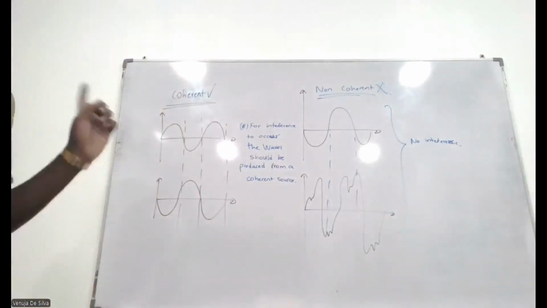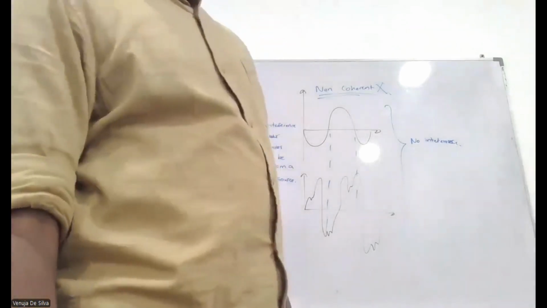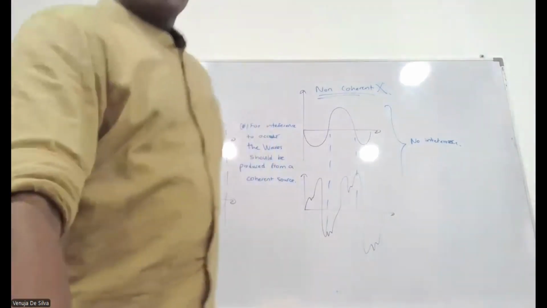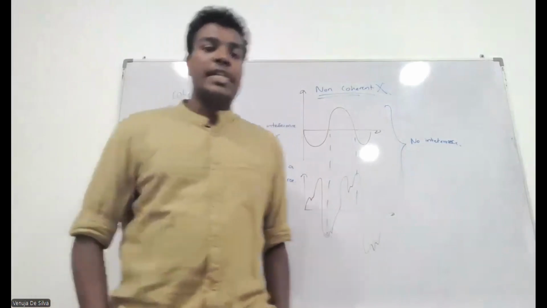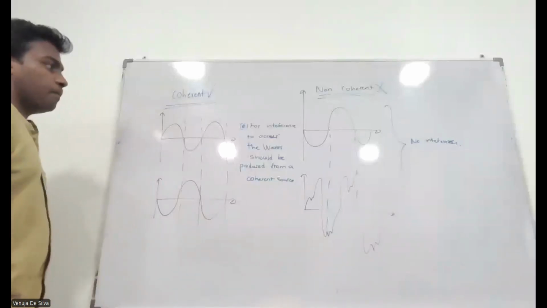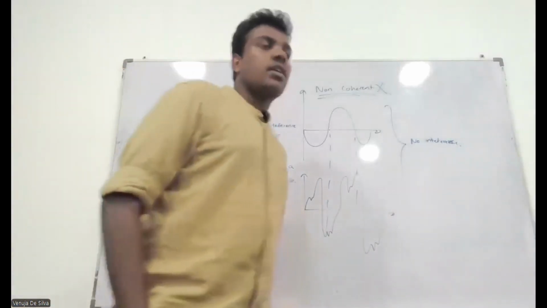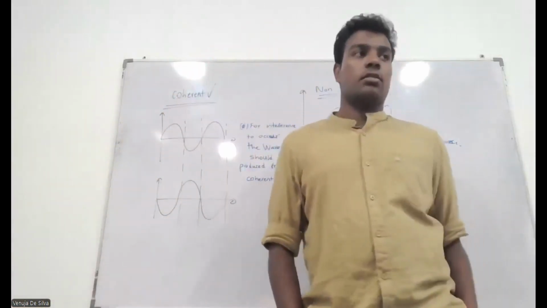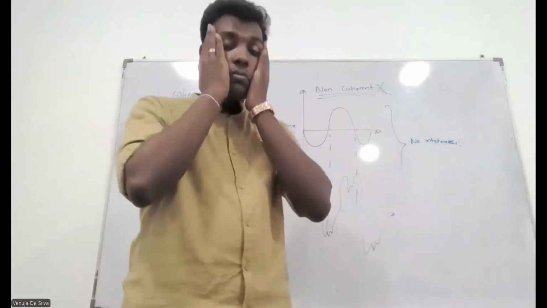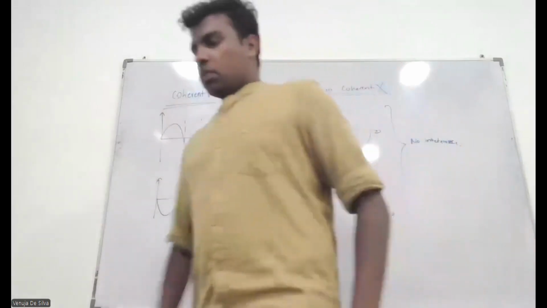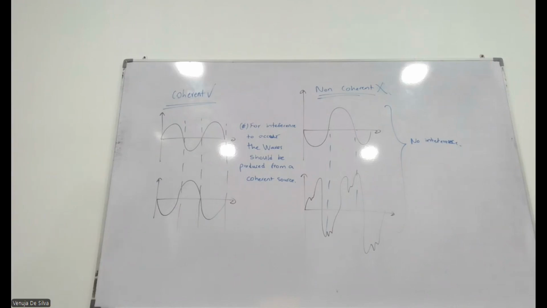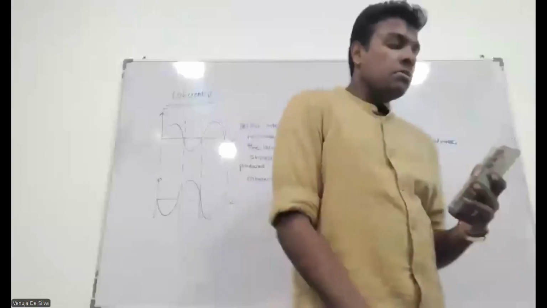So put the topic as coherence, and underneath that write down: interference is only observable if produced by a coherent source.